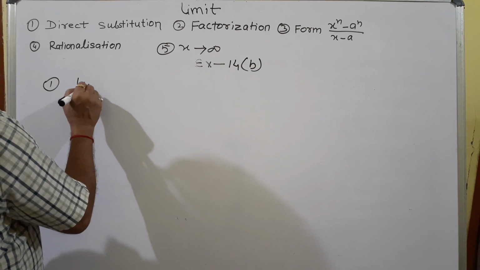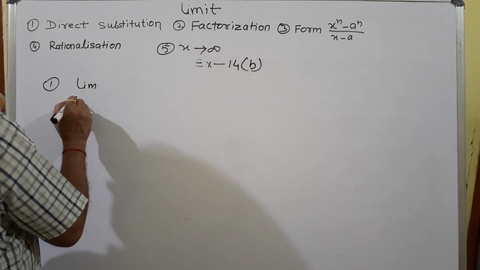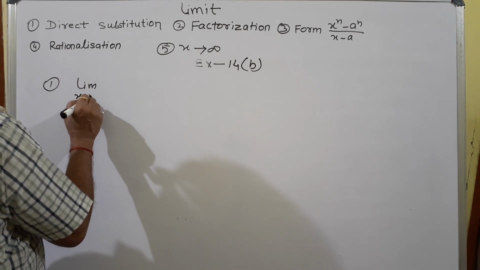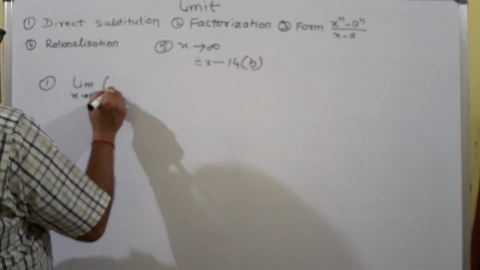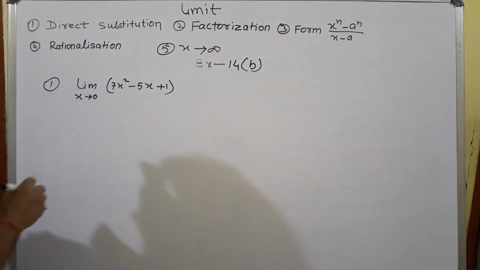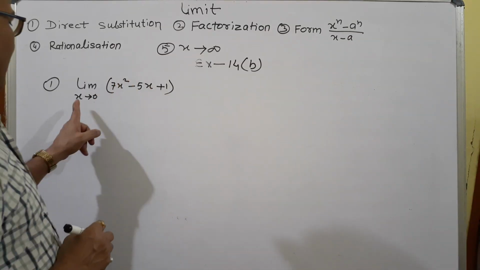find the limit as x tends to 0 of 7x square minus 5x plus 1. Here x tends to 0, so we can substitute the value of x.